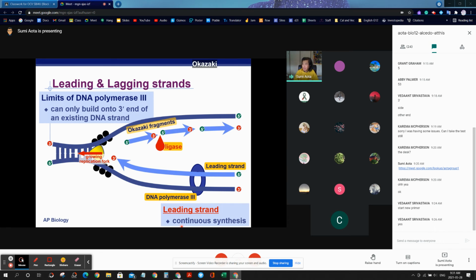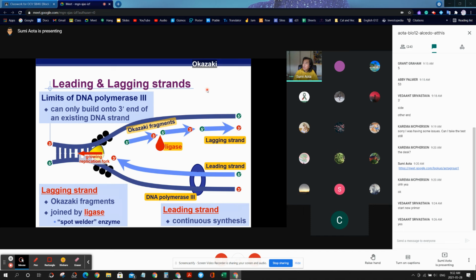The leading strand is continuous synthesis. The side that's made in sections is called the lagging strand. It contains Okazaki fragments, and the fragments are then joined together by ligase.